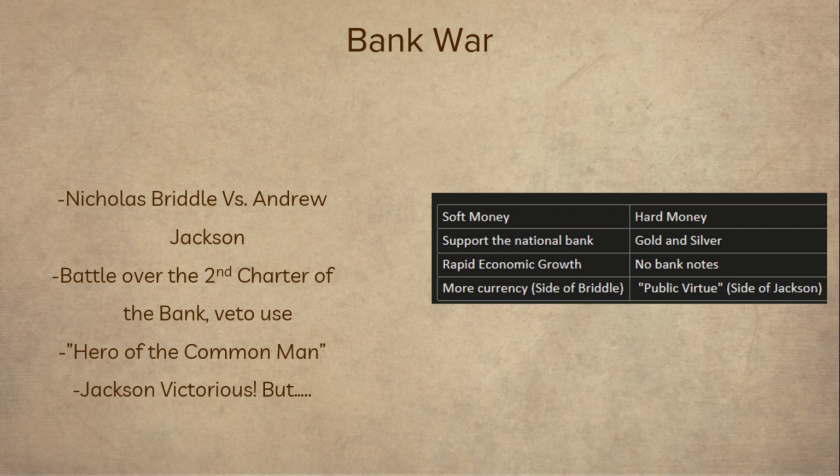And ultimately, what Jackson does is he uses his veto power as president to knock the national bank out of here. And that's not something that presidents have done to this point. Veto use has been very exclusive, very rare.